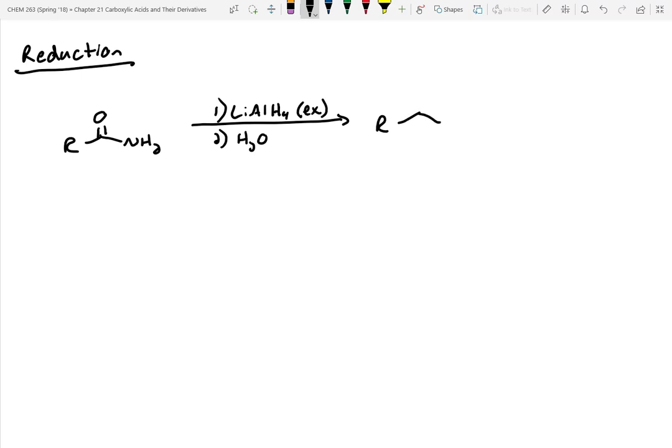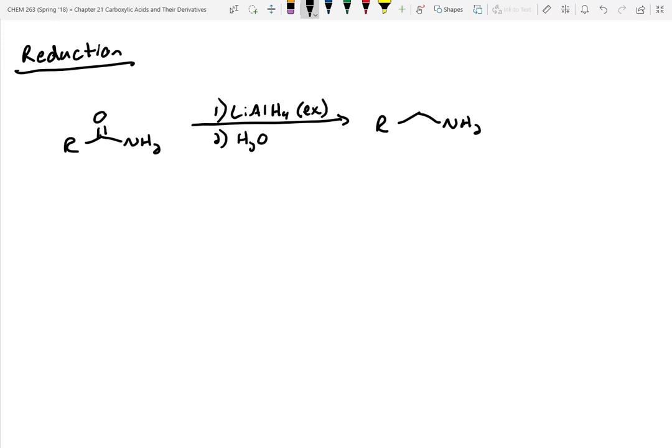And you can actually eliminate off that carbonyl and get your amine out. So this is also a clever workaround for making amines. Does that make sense? All right, luckily that's it for the amide chapter.